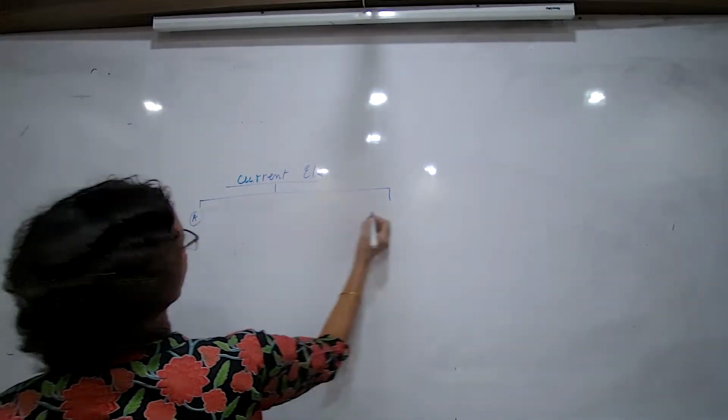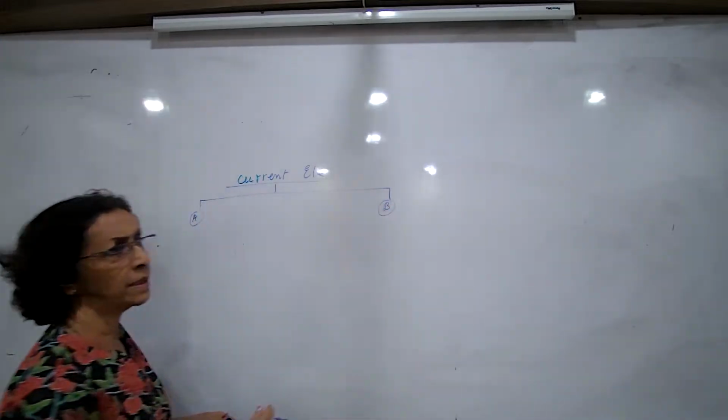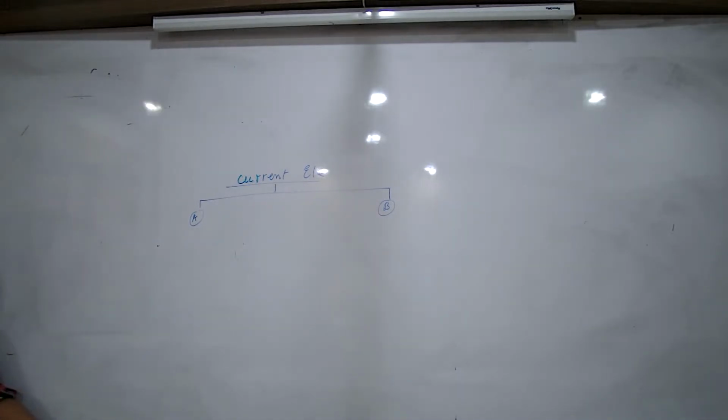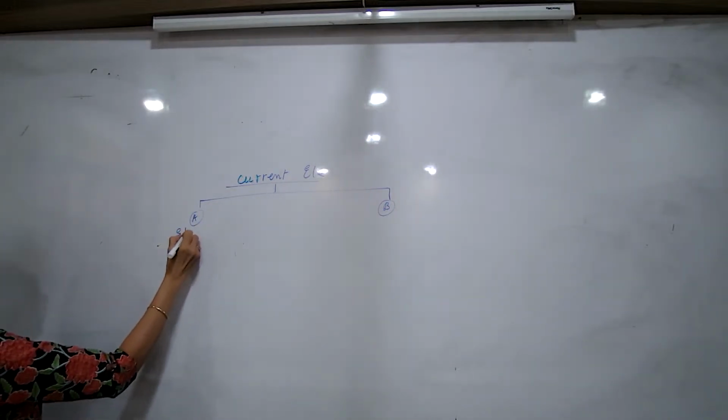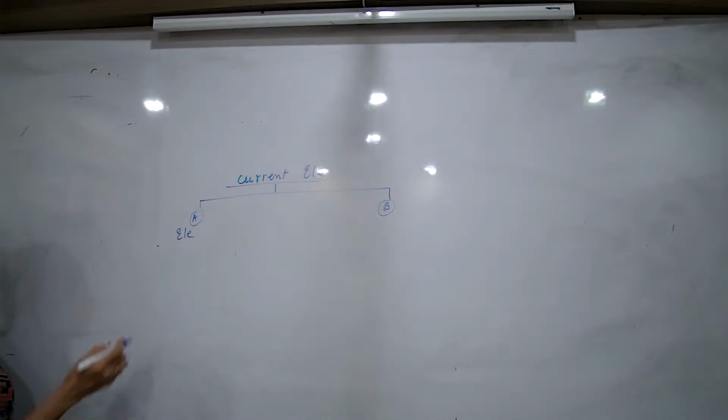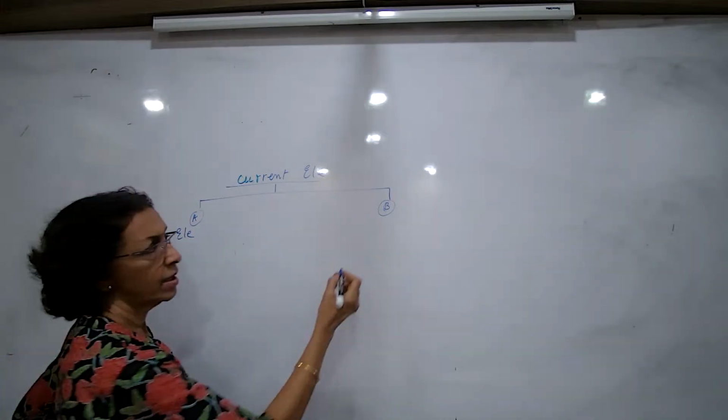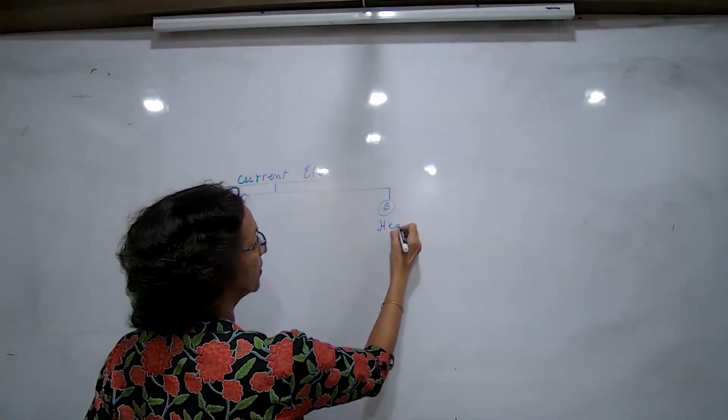Okay, you have your part A and part B. So I advise you to study it in two separate parts so that it is easy for you to remember. The first part of it, of course, talks about current electricity, and the next part of it talks about the heating effect.